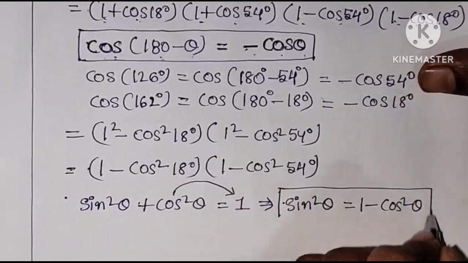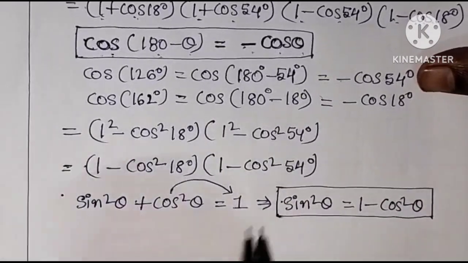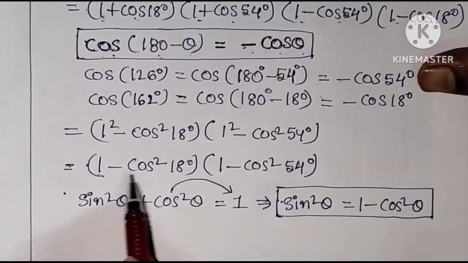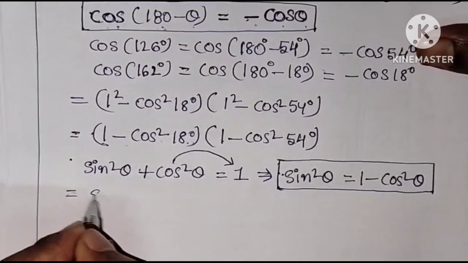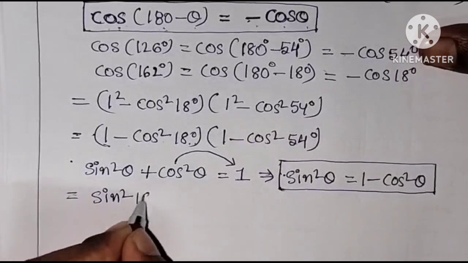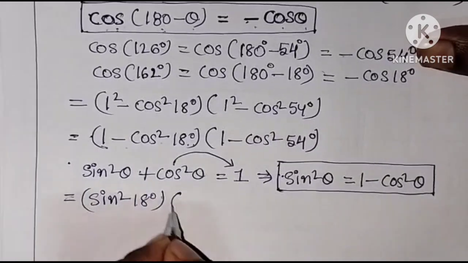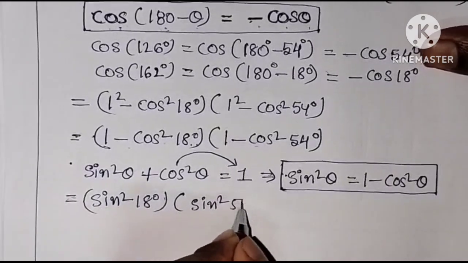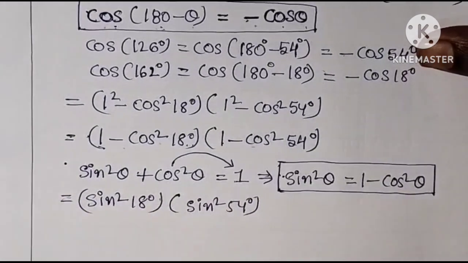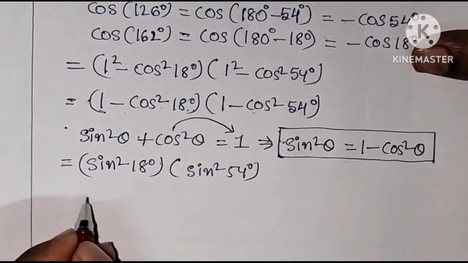So the sine square theta formula is 1 minus cos square theta. Similarly for the other. Then the answer is sine square 18 degrees into sine square 54 degrees.